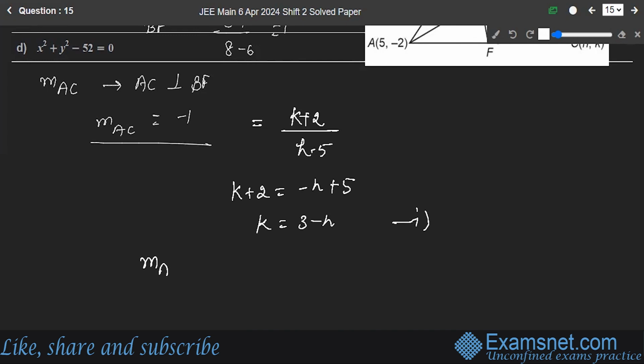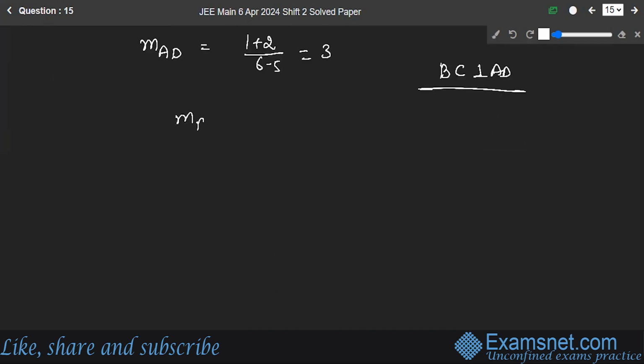Now, slope of AD is equal to 1 plus 2 upon 6 minus 5. That's equal to 3. Now, you are given that BC is perpendicular to AD. So this means slope of BC will be equal to -1 by 3 because they are perpendicular to each other. And what is the slope of BC given as? You are given B's coordinate as (8, 3), and C is (H, K).